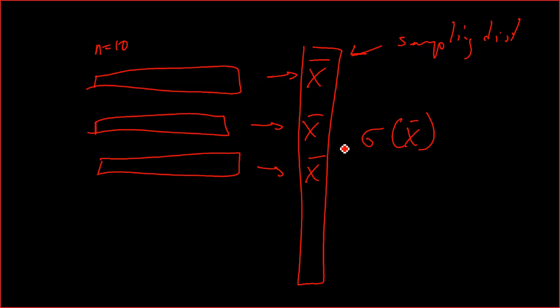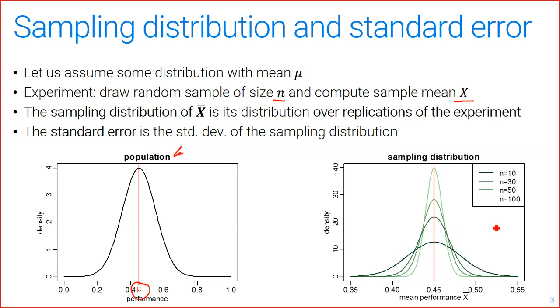So it should be fine. In this example, if we only sample 10 items, we are expected to have quite a lot of variation. If we go up to 100, we are expected to have much less variation. So this is a way of controlling for the random error, or at least to quantify what the random error is expected to be.